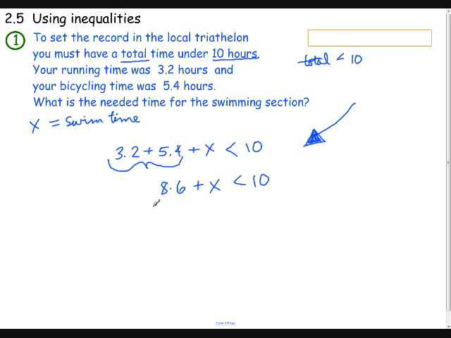I can add a negative 8.6 to both sides. So I'll have x has to be less than, when I subtract 8.6 from this, 1.4. If it equals 1.4, my total time will be 10 hours, and I have to have under 10 hours.